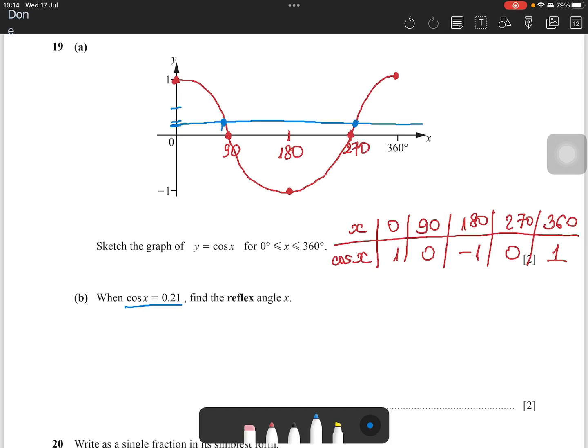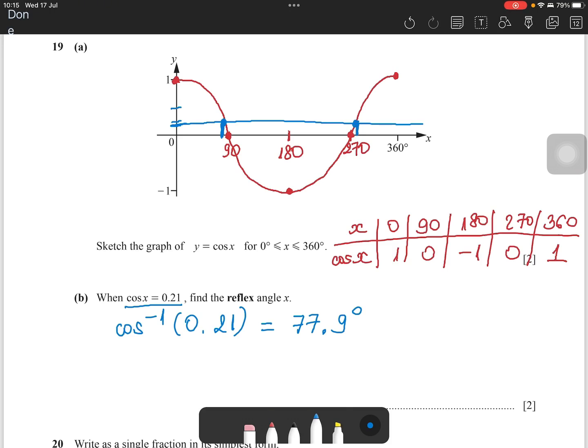To find the first point, we'll find the inverse of cos of 0.21, which is 77.9 degrees. And then, you know the distance from this point to 90 is the same as the distance from 270 to the next solution.